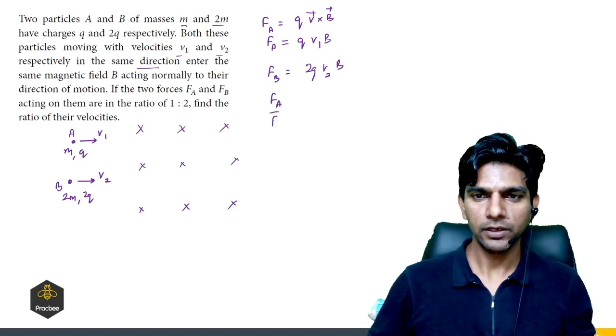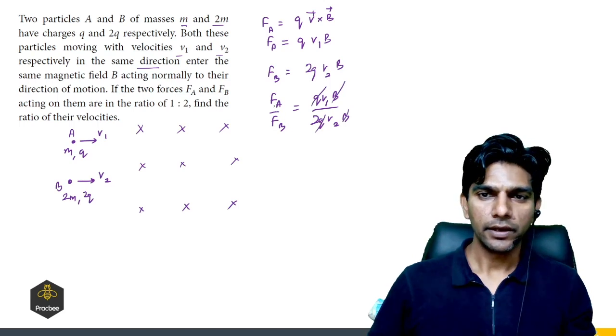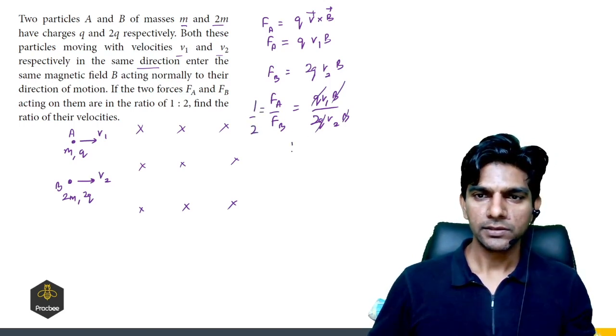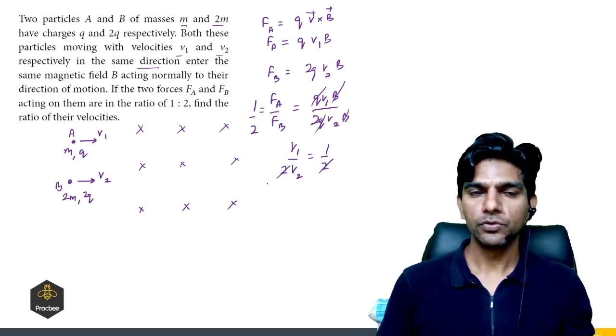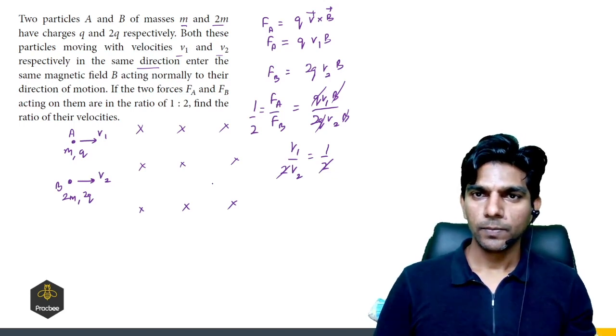Fa by Fb will be q v1 B upon 2q v2 B. So B will cancel out, q will cancel out, and Fa by Fb is 1 by 2. So v1 by 2 v2 is equal to 1 by 2. So we can say the speeds of both the charged particles will be the same.